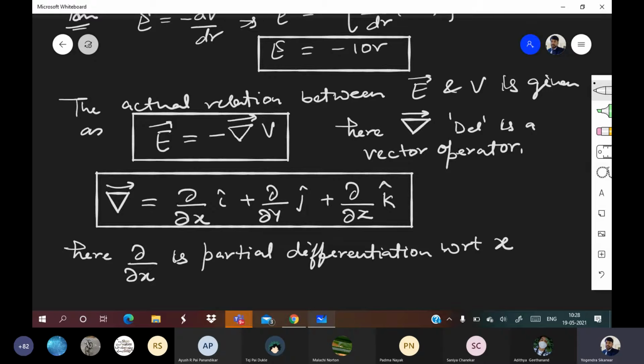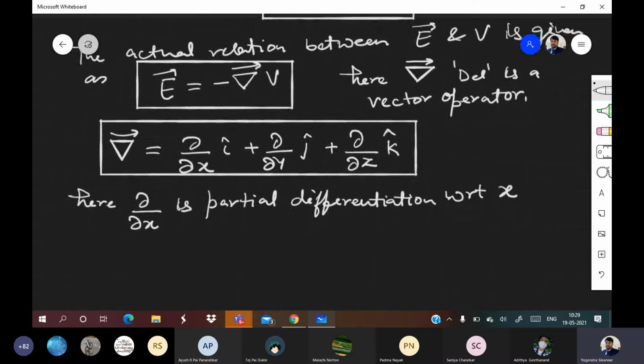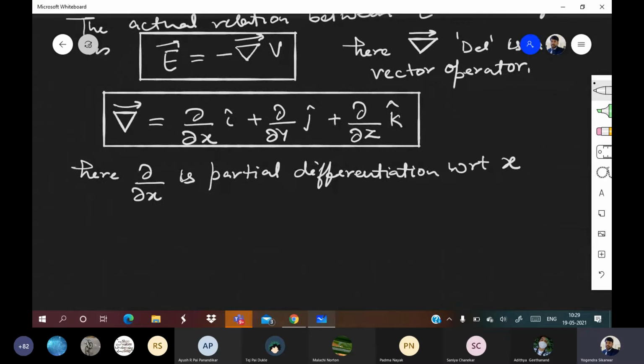Now you might ask, sir, what is the difference between partial differentiation and complete differentiation? For example, you are doing d by dx of xy, and in the other case dou by dou x of xy.